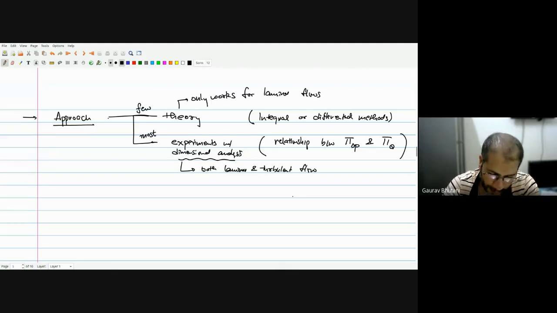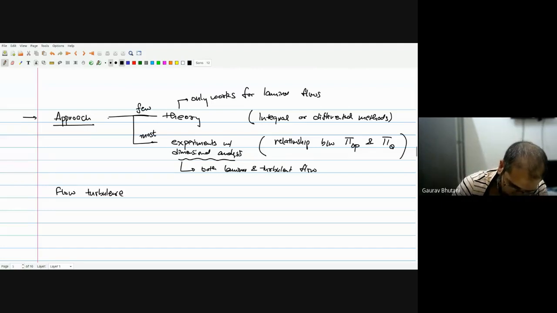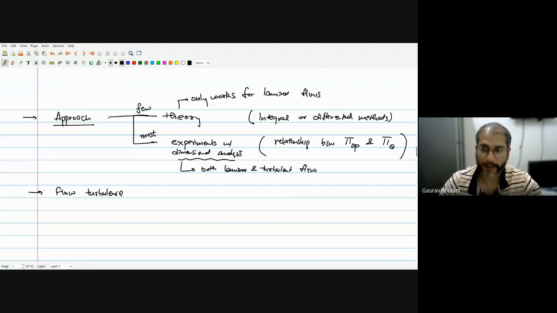So this pipe flow experiment is used very commonly to understand turbulence. But anyways, let's briefly talk about what flow turbulence has to mean here for our case of pipe flows.